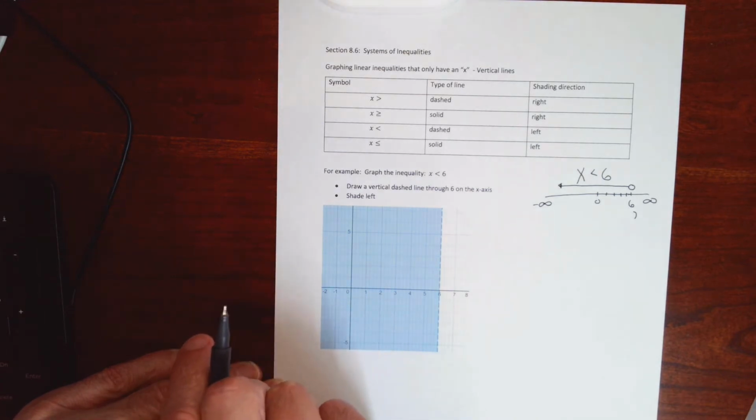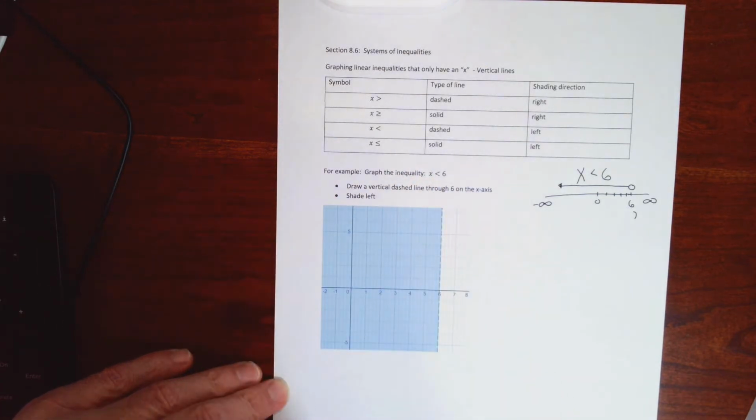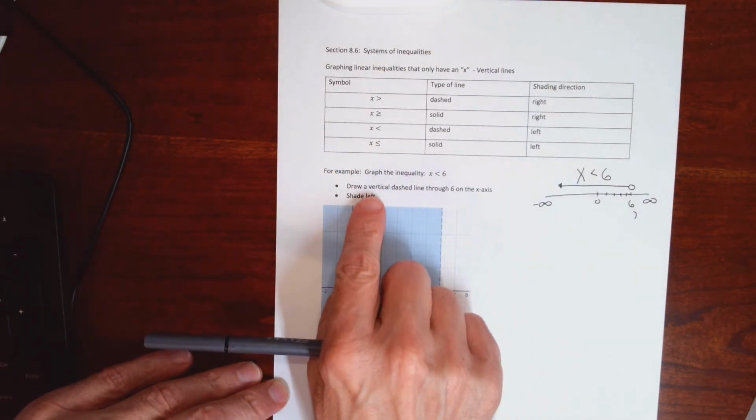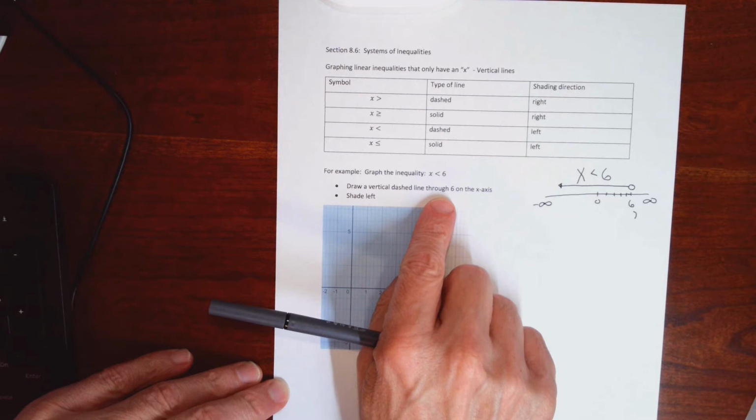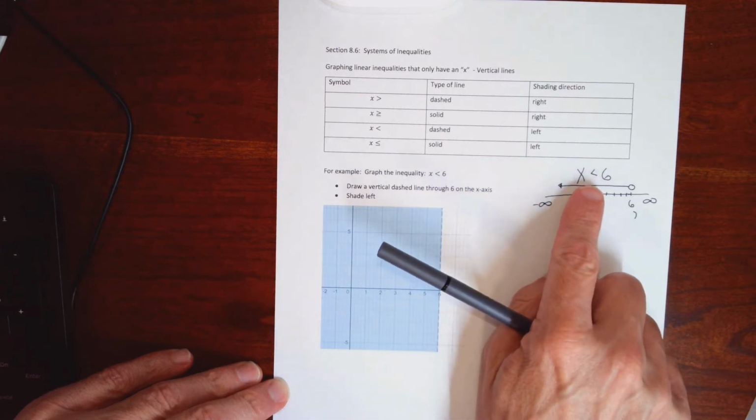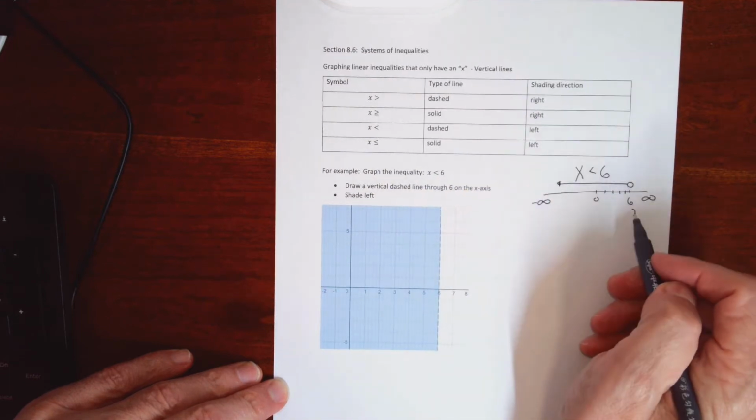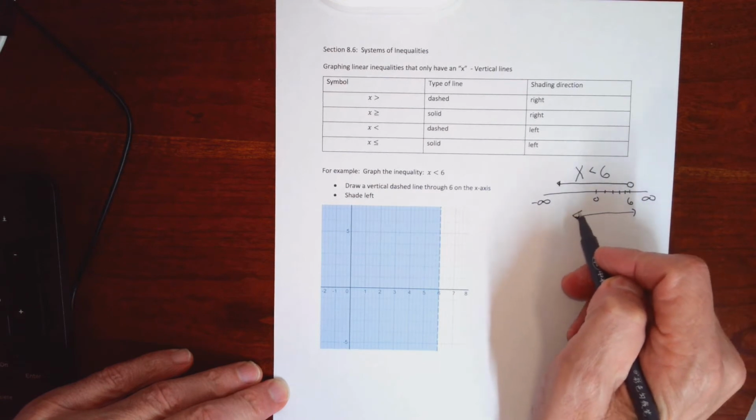We're going to be asked in this section to do a 2-dimensional representation and list all the points who have x coordinates less than 6. And how do I do that? Well, first I draw a dashed vertical line through 6. This is kind of the equivalent of the round parenthesis or open circle that you might do on a number line.